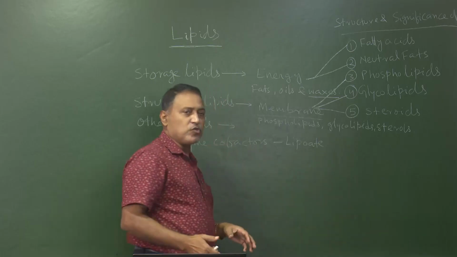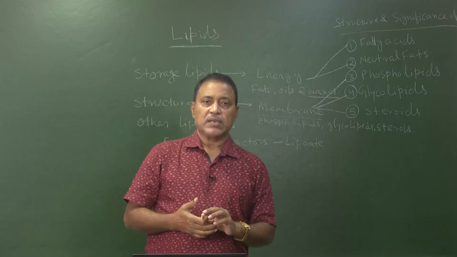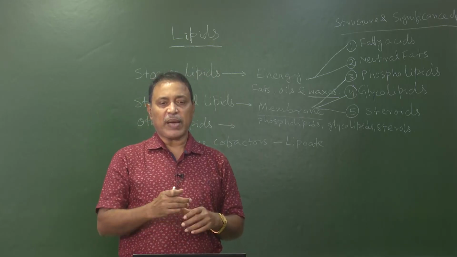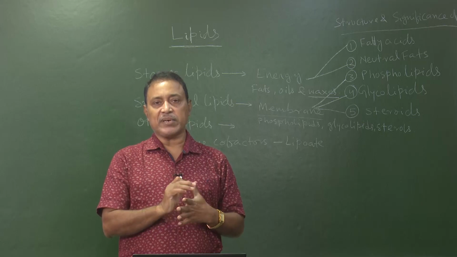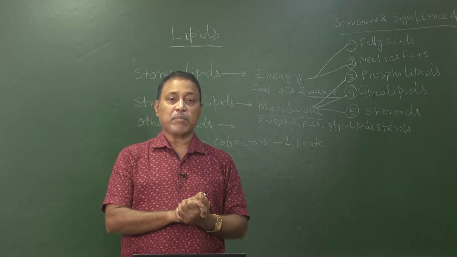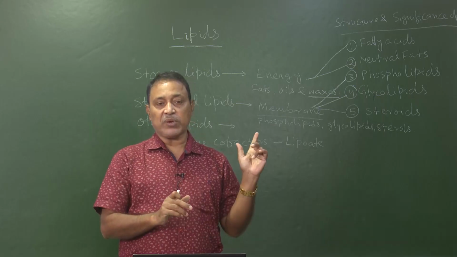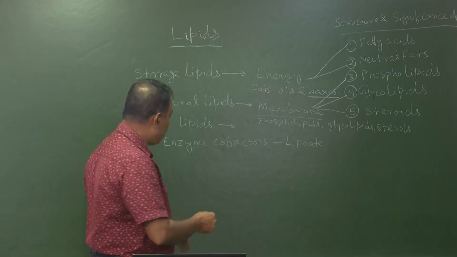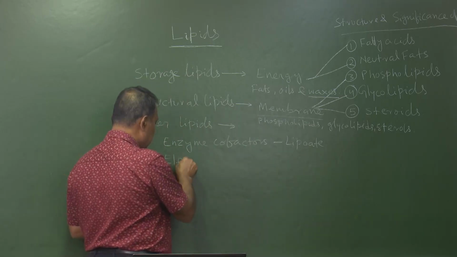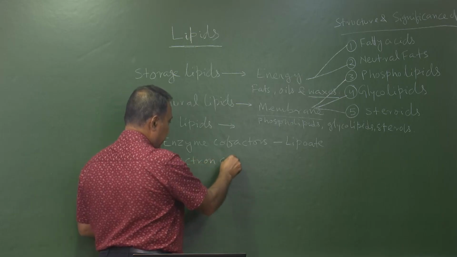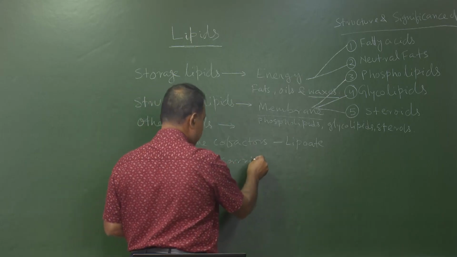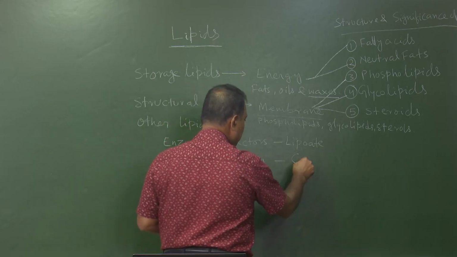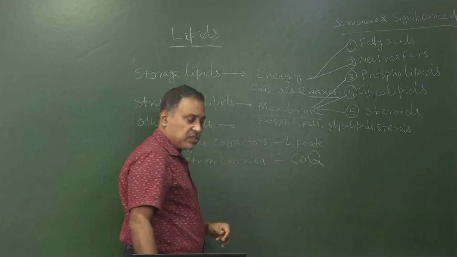If you have gone through the Krebs cycle reactions, there you will find the enzyme pyruvate dehydrogenase complex, and in that complex a coenzyme is there, its name is lipoate. We also find them as electron carriers in the ETS. They are the coenzyme Q.